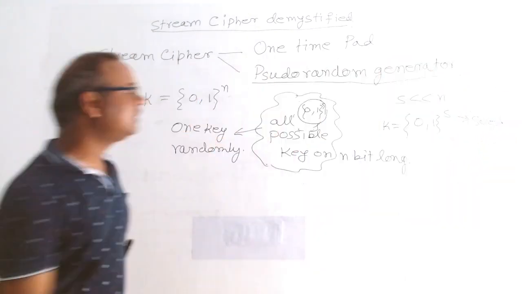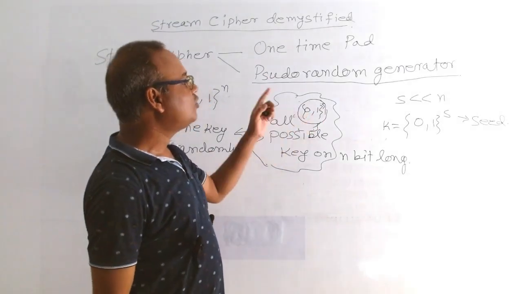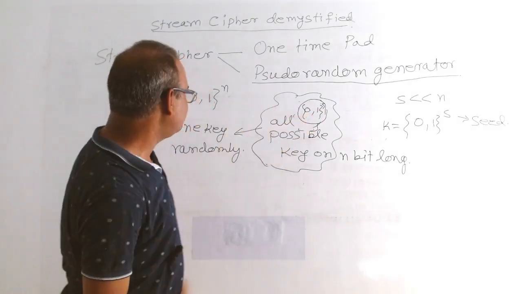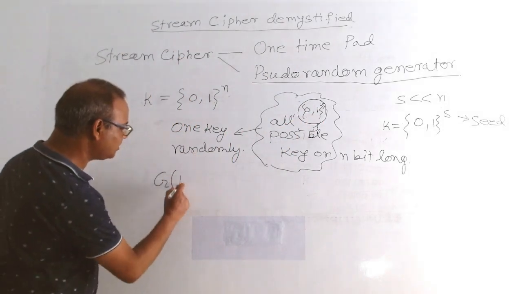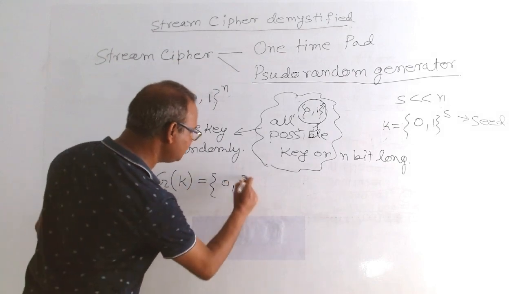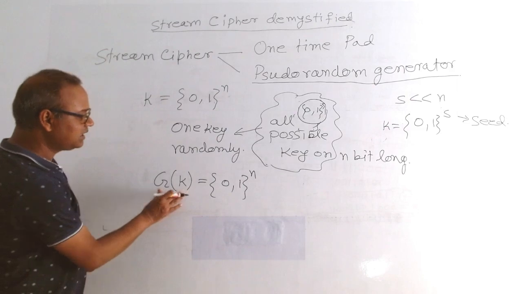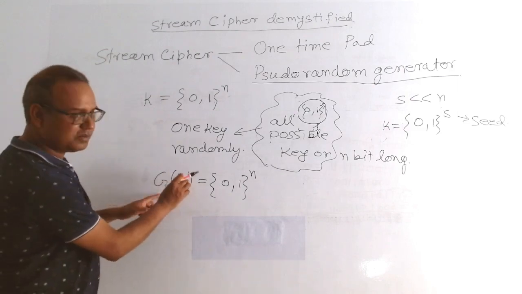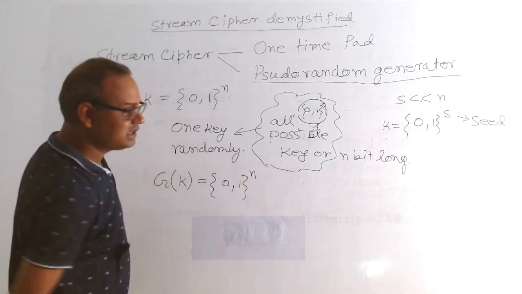Okay, we have the seed which is {0,1}^s, and we will generate a key which is n bit long, that is using some generator Gk. Gk belongs to {0,1}^n. Means we will generate from a small key of size s, we will generate a large key of size n.